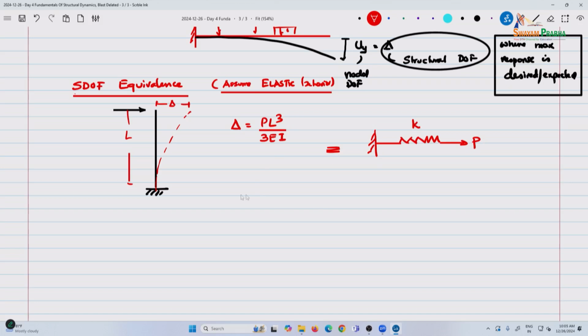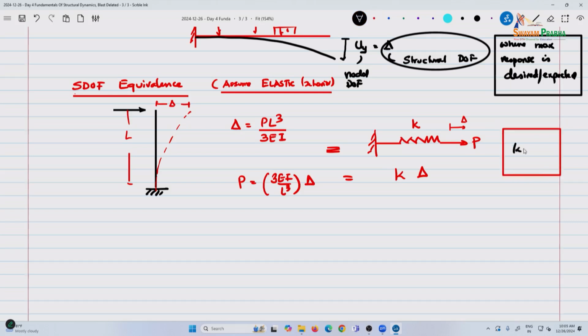So expressing this, P equal to 3EI by L cubed times delta is K delta. So I get my spring stiffness to be equal to 3EI by L cubed. So this is a structure stiffness.